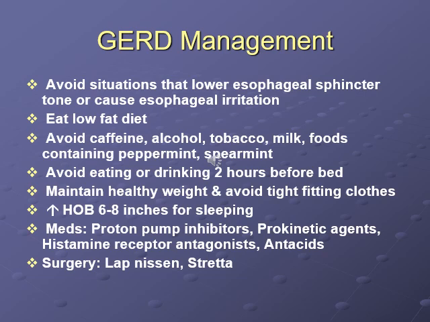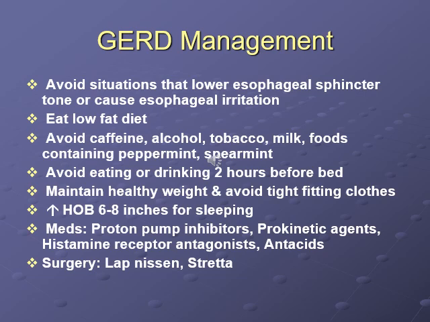Again, you see avoiding caffeine, alcohol, tobacco, milk. Milk actually increases hydrochloric acid production, so that's why the milk is on there. Avoid eating or drinking 2 hours before bed, so we would never want to eat and then lie down, because of gravity, that would increase the risk of refluxing right after you have eaten.